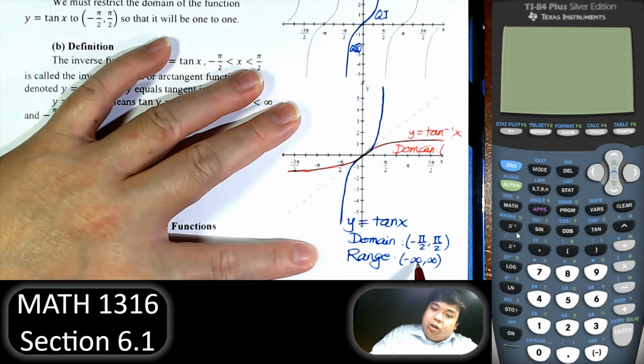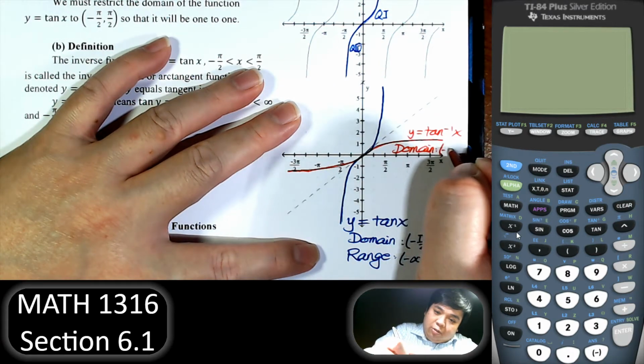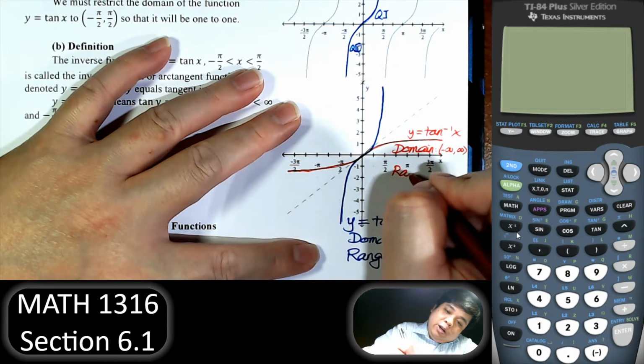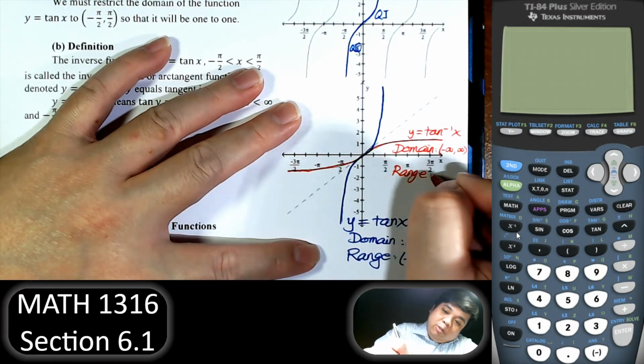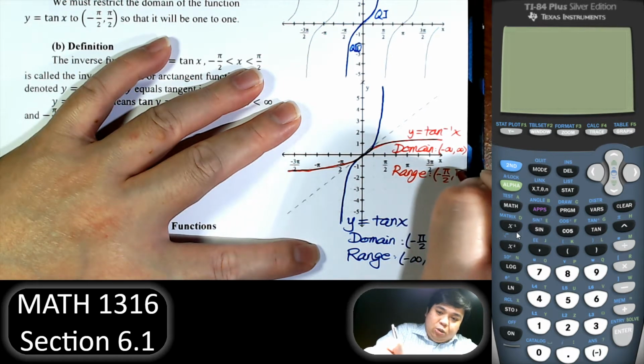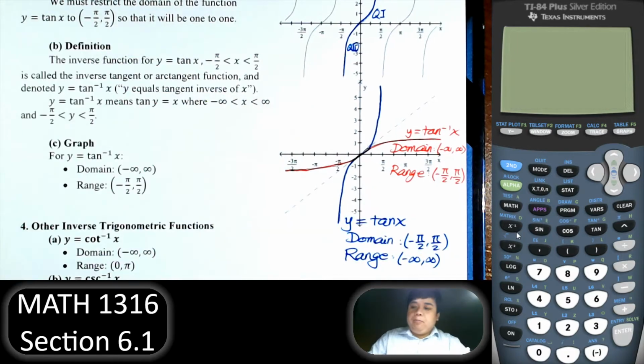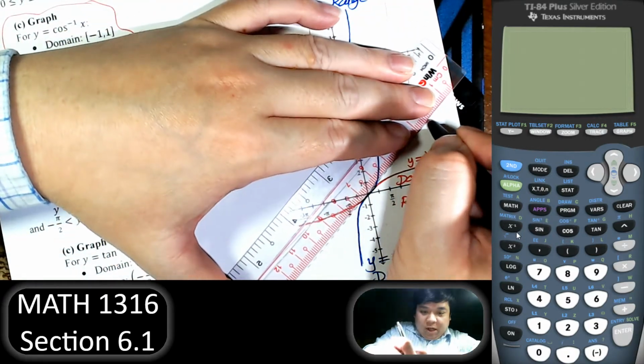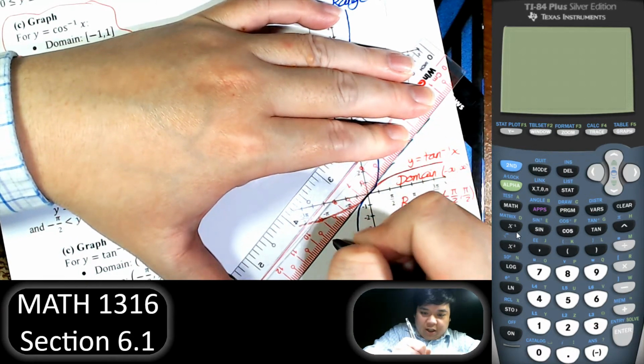The range of the function becomes the domain of the inverse, and the domain of the function is the range of the inverse. So just interchange the domain and range. And of course, the graphs will be symmetric on the line y equal to x.